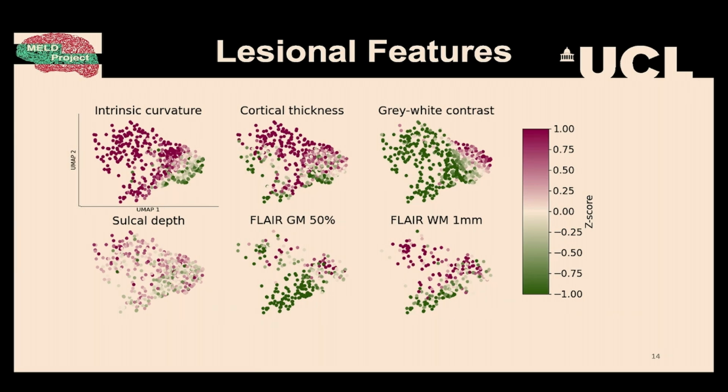Gray-white matter contrast is consistently low. Sulcal depth is potentially not the most informative feature. And then the FLAIR features are generally hypo-intense in the cortex and either hypo- or hyper-intense in the white matter. So the top right cluster there looks like the transmantle sign group. So I guess one thing is the features are abnormal in the lesions, but also they're pretty heterogeneous. So you can't just threshold and say this is going to be lesional, because it's a bit more complex than that.